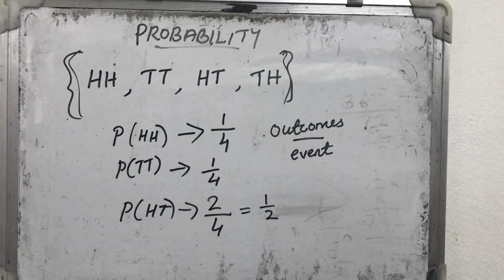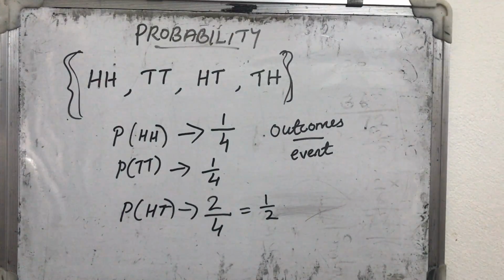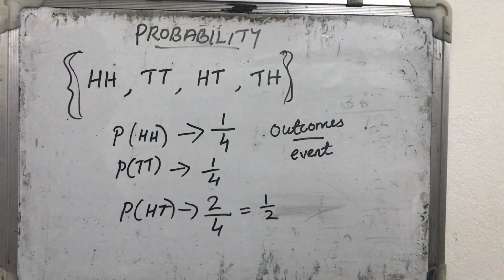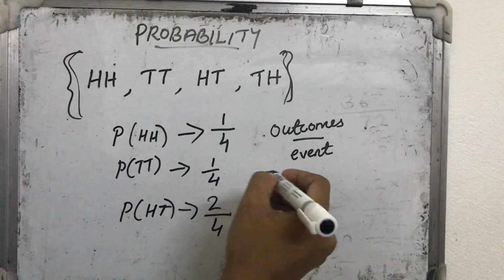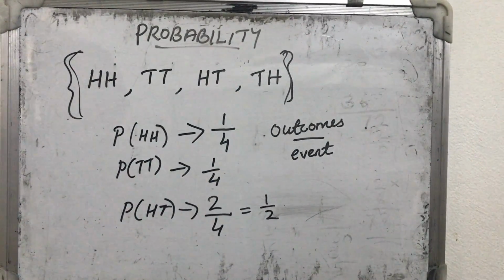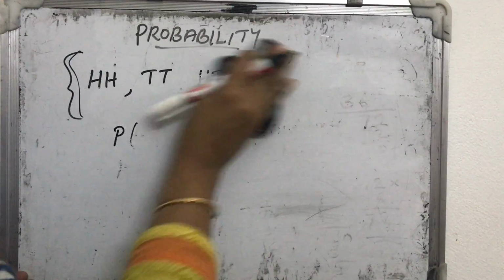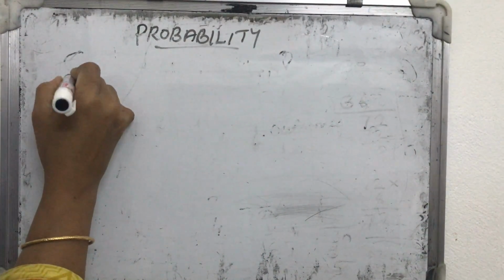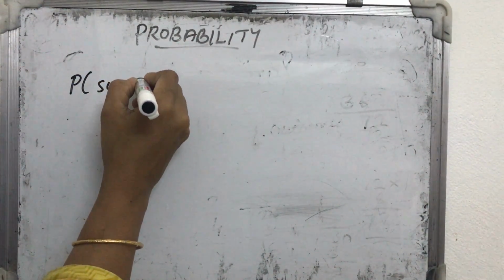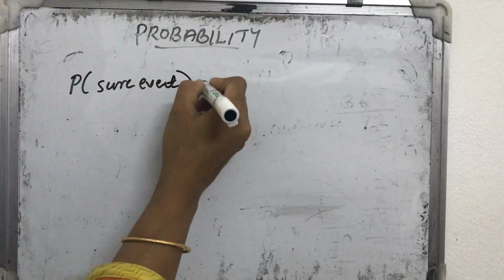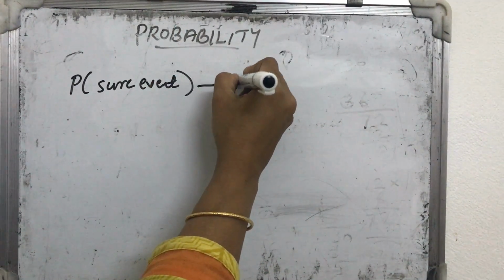Okay. We discussed there are some events that will happen for sure. So what will be their probability? The probability of a sure event will be how much? That is sure. So the probability of such events is 1. There are no doubts that it will happen, it must, so its probability will be 1.